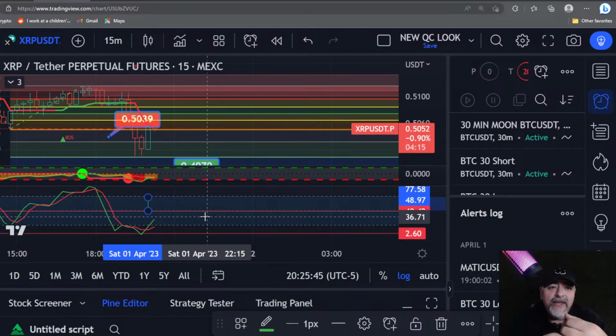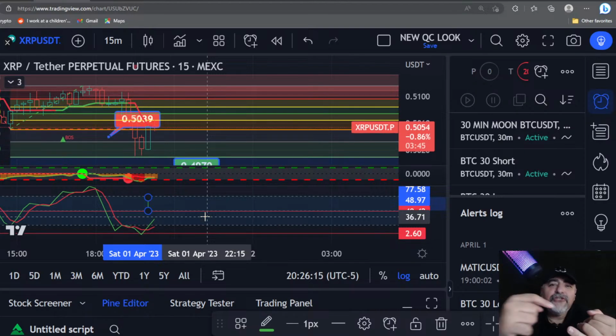So for me, when you have a coin that's going up, and the RSI starts to come down on the 15 minute, I will take the 5 minute pullback and I will sell the 5 minute pullback on the long off the 15 minute RSI, because it's harder to get people to buy than sell. You understand what I'm saying?